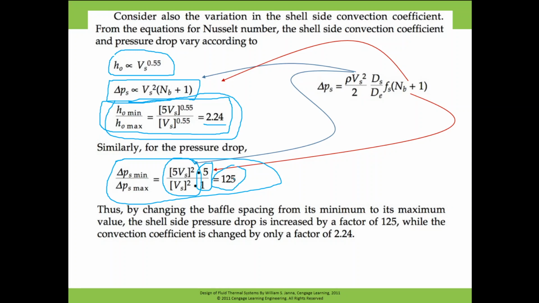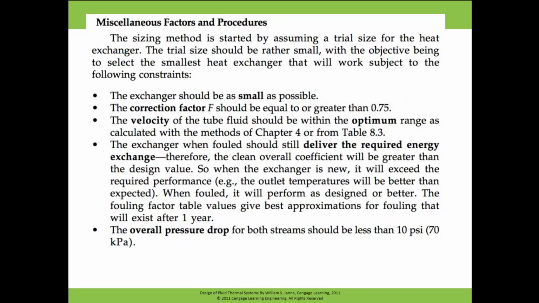So this is about the different configurations, and when you change the configurations, how is it going to affect the heat transfer coefficient and pressure drop? Then we can look at what the important points are. The sizing method is carried out by assuming a heat exchanger and trial.